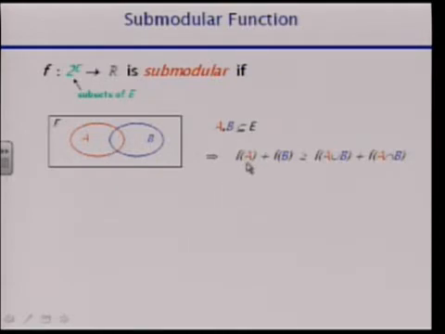And of course, we can evaluate the function value for A and B individually. And what I'm trying to say is, if you take the sum of the individual values of A and B, and then you compare with what? The intersection and the union of A and B, this part will have a smaller value than this.